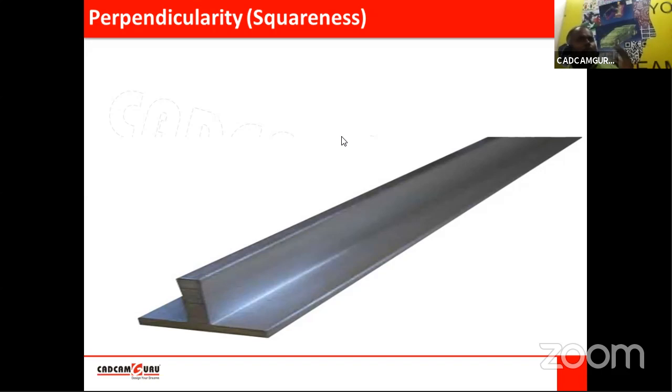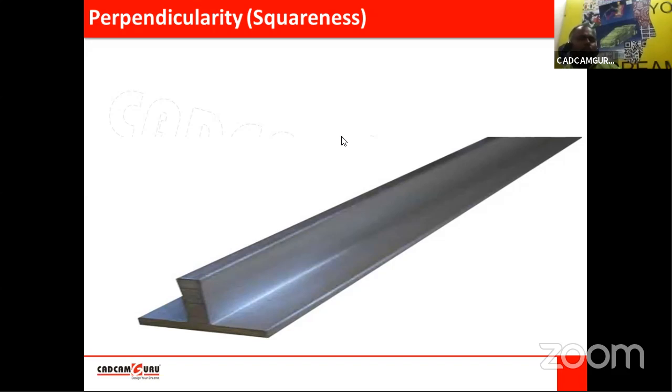But when we try to fit a door, the door will not fit properly. For a door to fit perfectly, we should fill all the gaps. If it is not perpendicular, we can adjust the shape of the door, but there will be an uneven gap between the door and the door frame. So for fitting of the door, perpendicularity should be maintained in the frame.